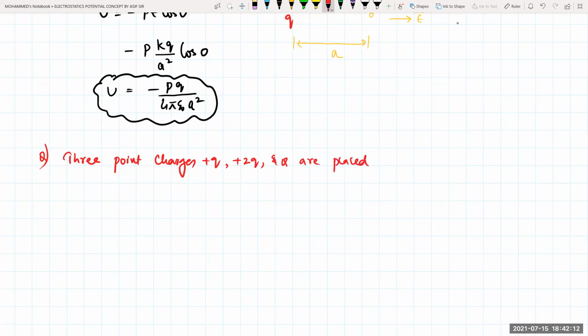Three point charges plus q, plus 2q and capital Q are placed at the vertices of an equilateral triangle.